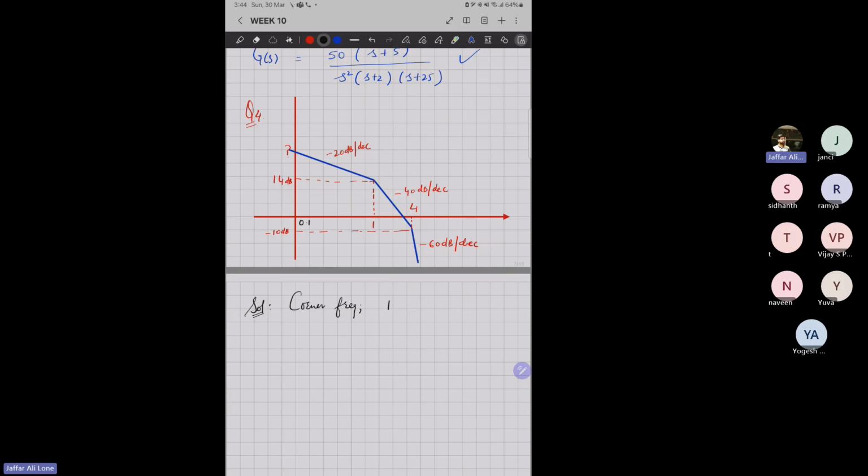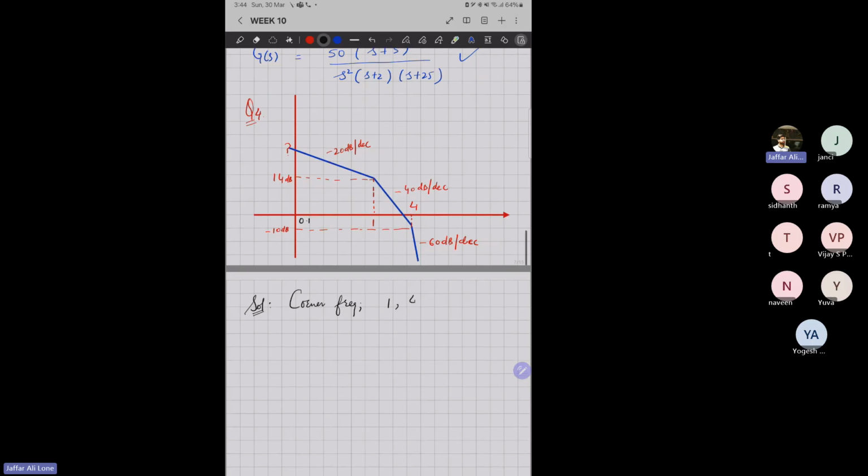So corner frequencies are 1 and 4. So this transfer function G of s, both are poles. So transfer function will be K divided by, there's also a pole at origin, s into 1 plus s by 1 into 1 plus s by 4.